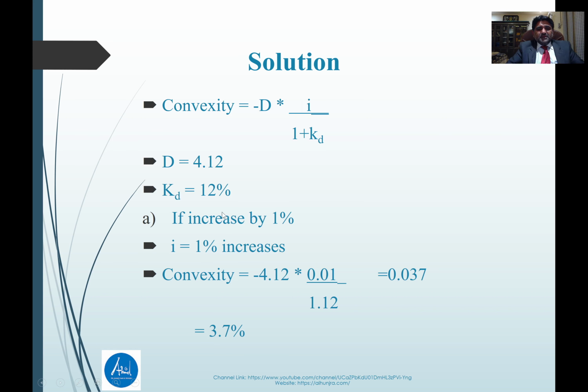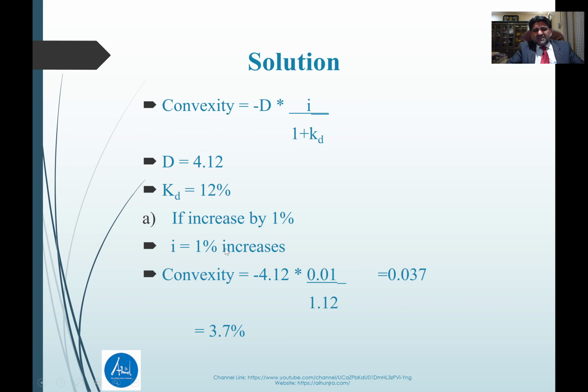Look at the previous example. If the interest rate increases by 1%, the value of convexity is minus, that is the minus of the formula, the value of duration is 4.12 multiplied by 1%.